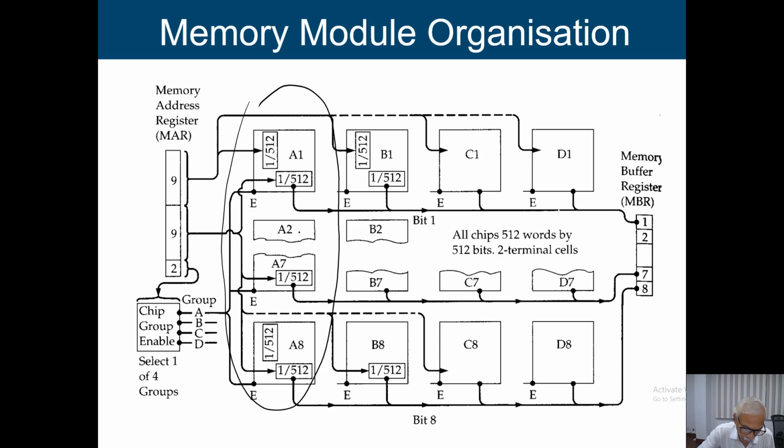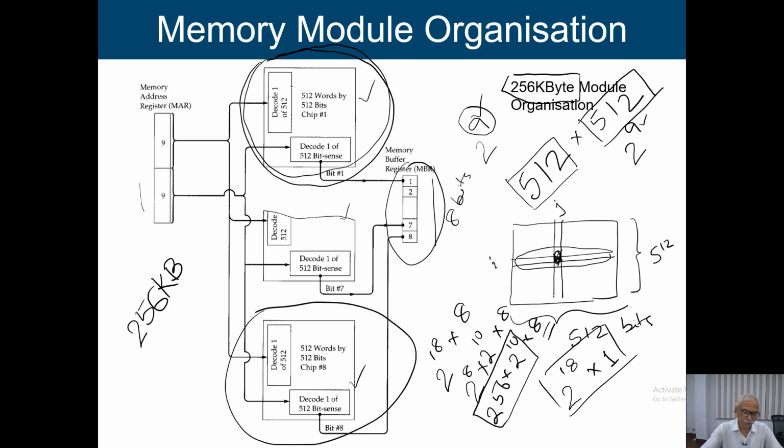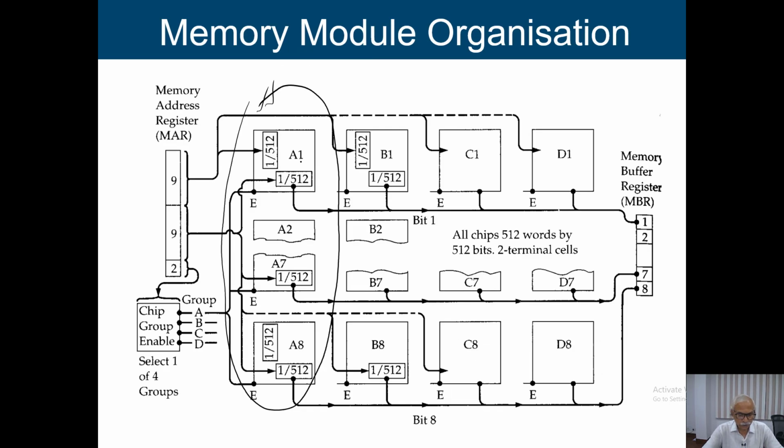This is A1 to A8, and it is again 1 of 512, 1 of 512. If I look at this column, it is very similar to the previous arrangement. This is a 256 kilobyte module, where I have 256 K memory locations, and in every location I can store 1 byte of information. So this is one such memory module.